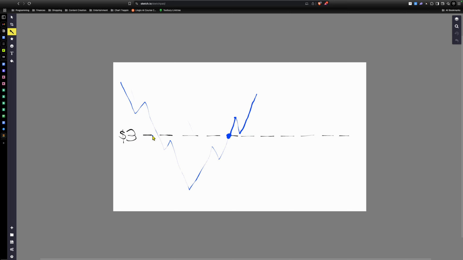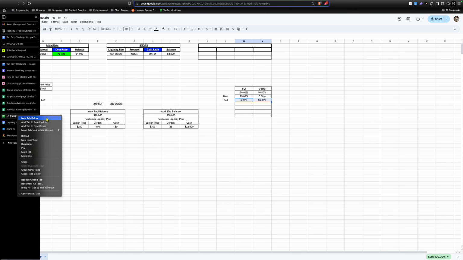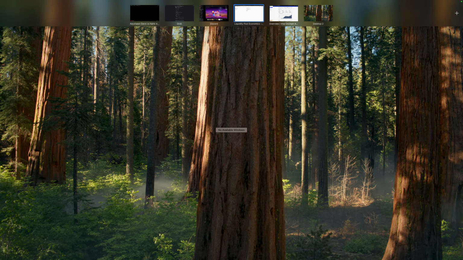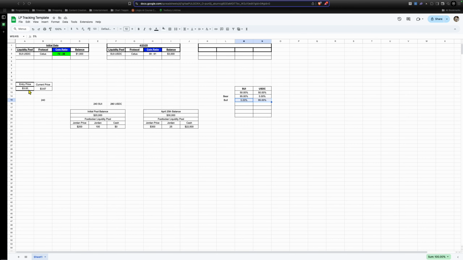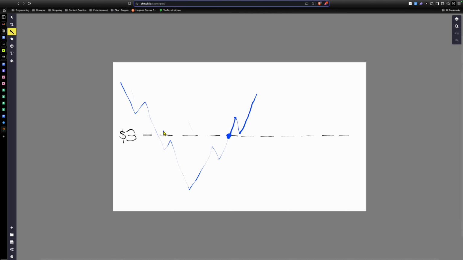I had already drew this up with Kaz. If our break even was $3, let's go back to our Excel sheet. Y'all remember right here we said our entry price was $3. Go back to my little sketch. That black line represents our entry price.